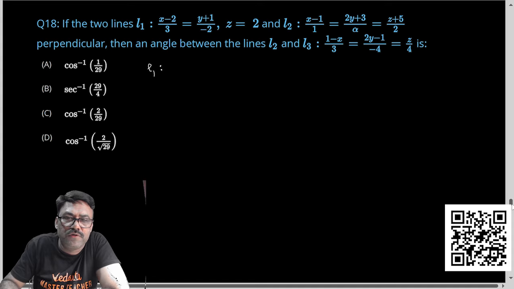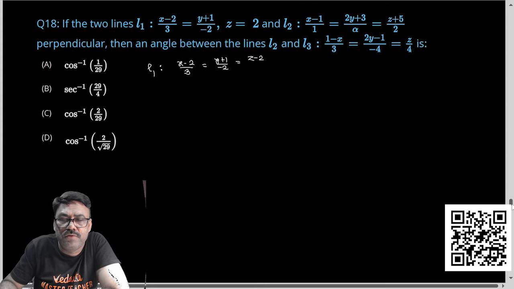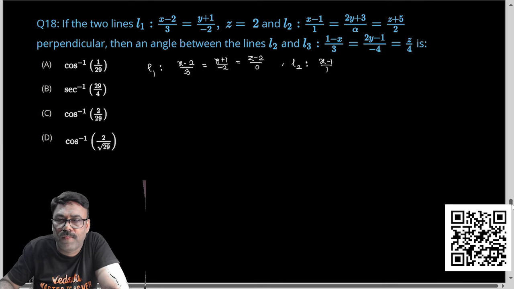Line L1 is X minus 2 by 3, Y plus 1 over minus 2, Z minus 2 over 0. This is L1. Now let's write L2. L2 is X minus 1 over 1, Y plus 3 by 2 over alpha by 2, and Z plus 5 over 2.